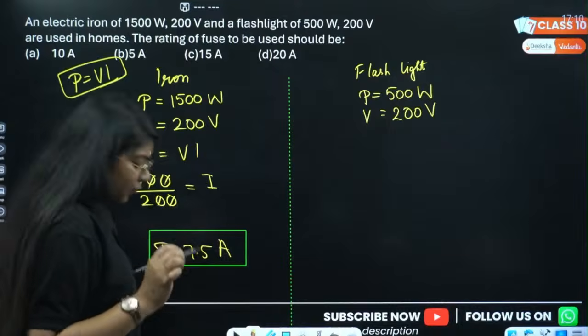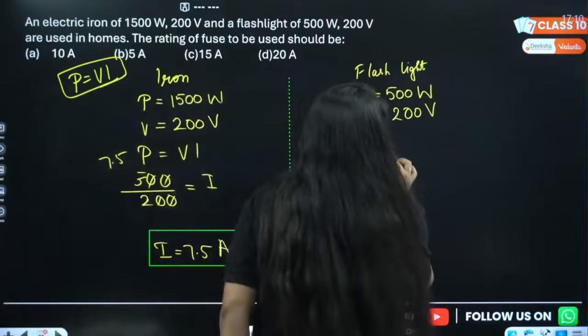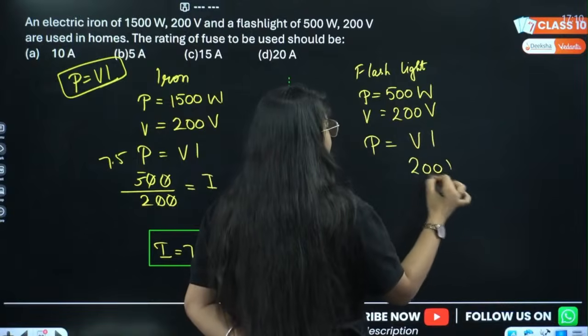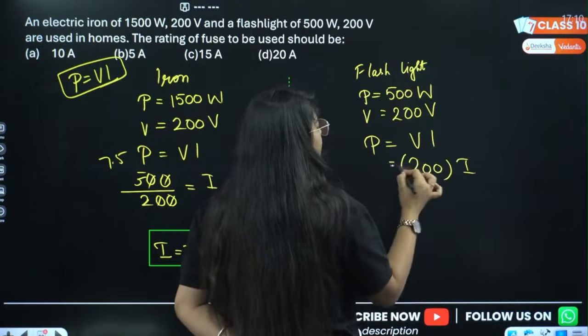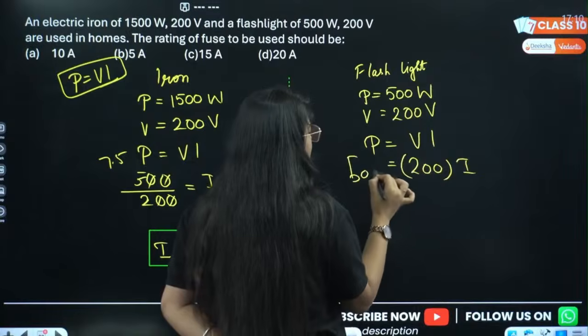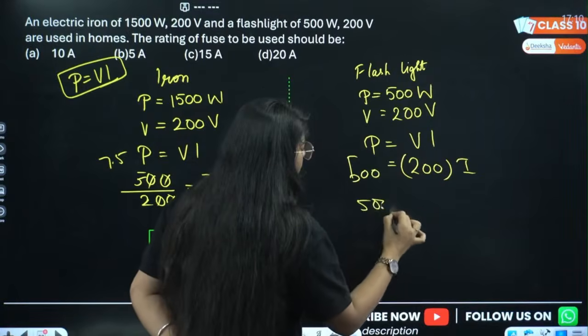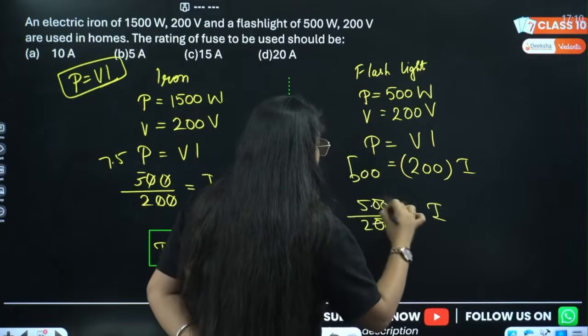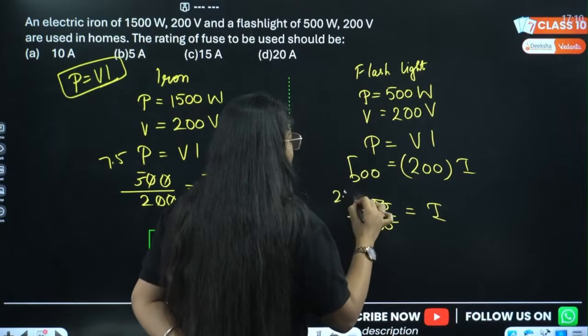Okay? For the flashlight, on the other hand, power equals V into I. Voltage we get is the same, because at home only one voltage comes. And power is 500. So 500 divided by 200 equals the current, and 500 divided by 200 is 2.5.